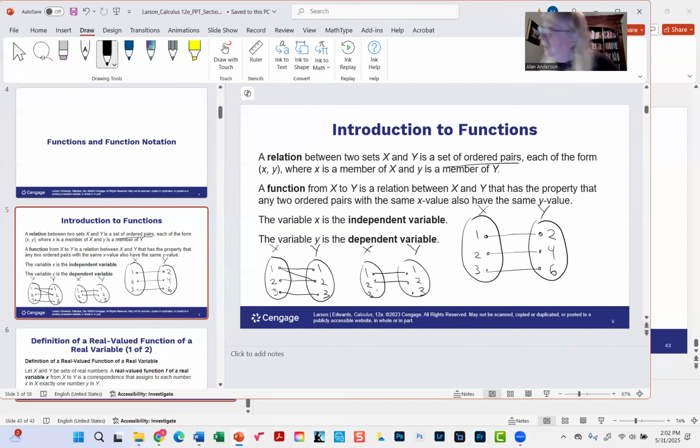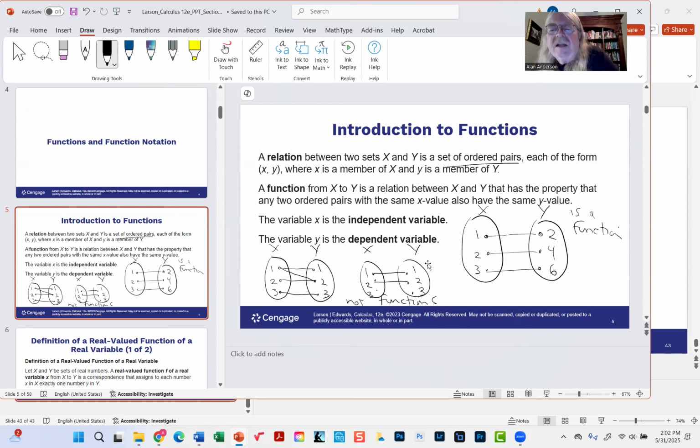So this is a function. These two are not functions. Okay, and it's again because each x has to belong to one y.